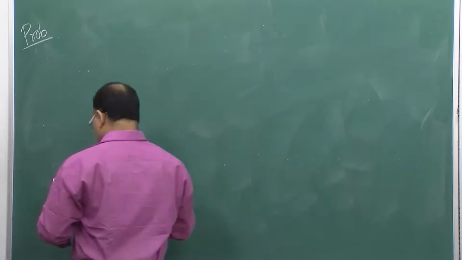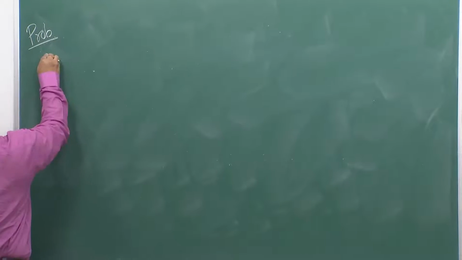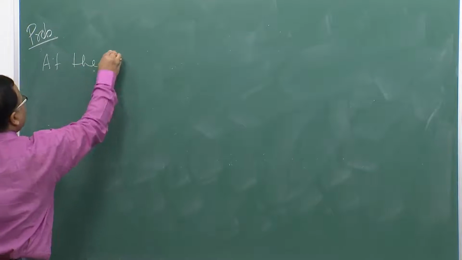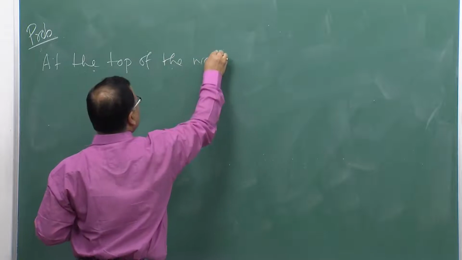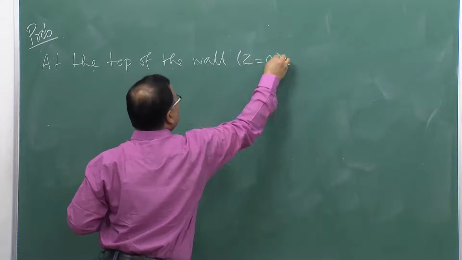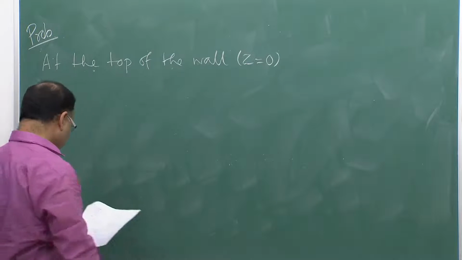So, at the top of the wall, that means z equal to 0, what is your active earth pressure?